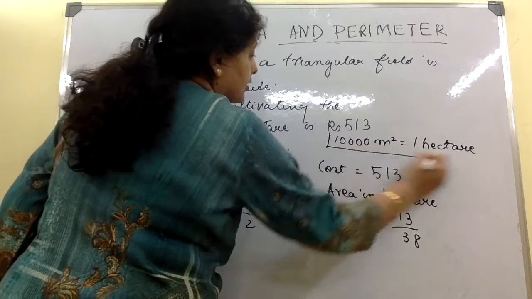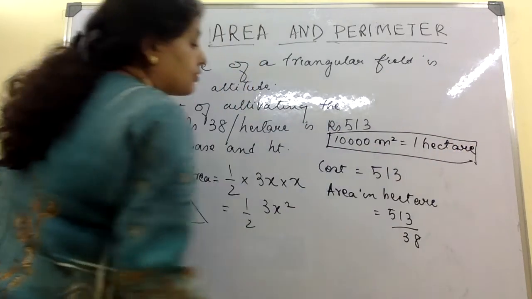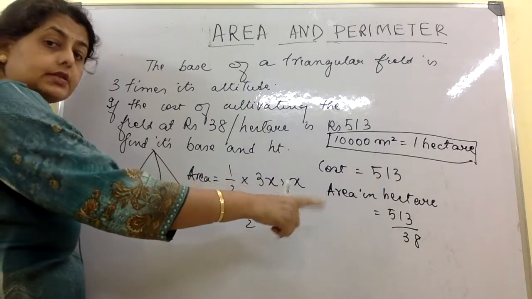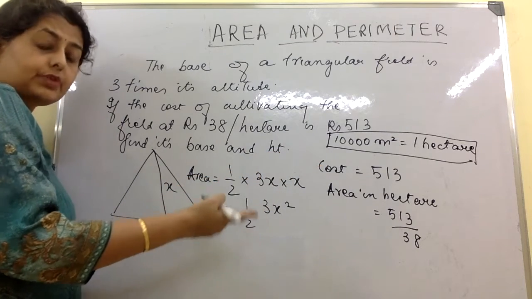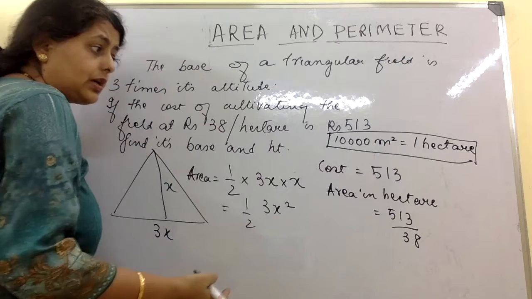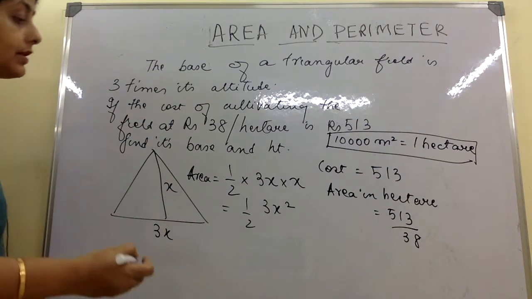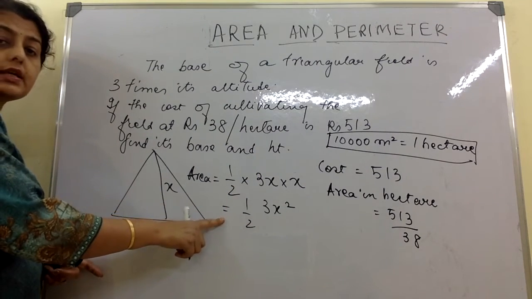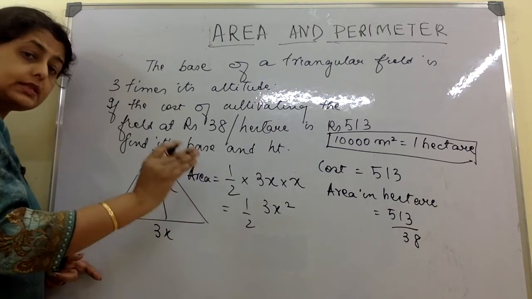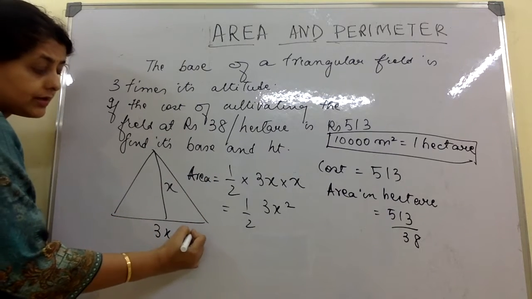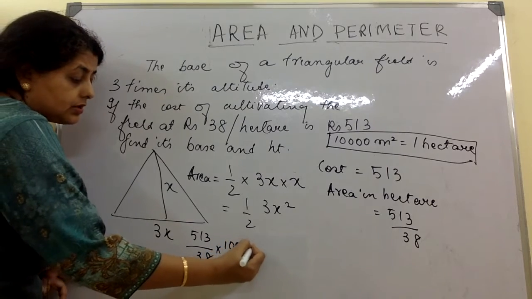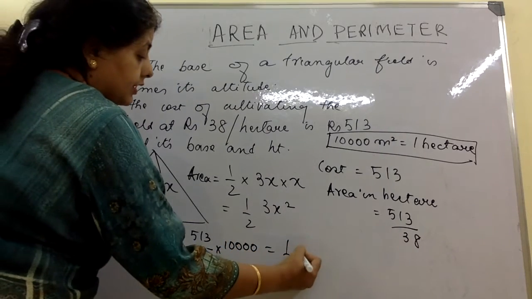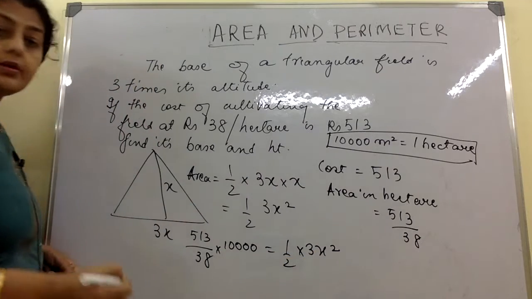This you should remember, you should not forget this. Now that is equal to this area, and we are trying to find x in meters. So here I will write 513 by 38 into 10,000 is equal to half into 3x square.